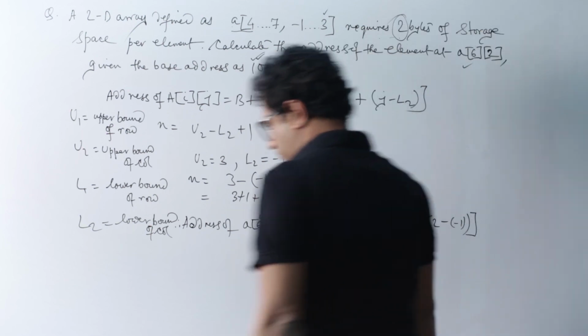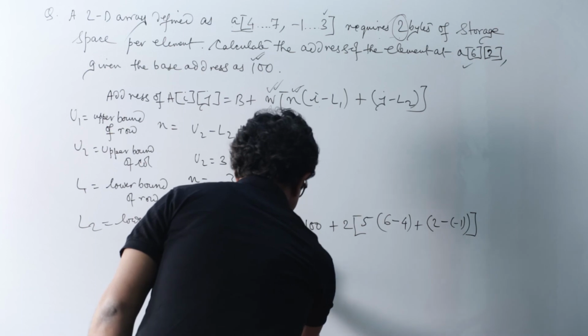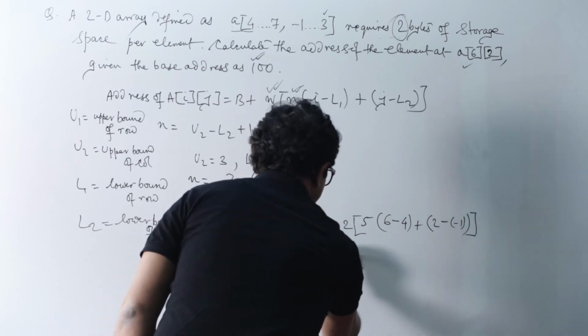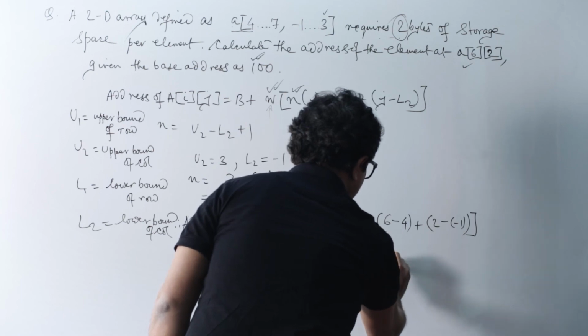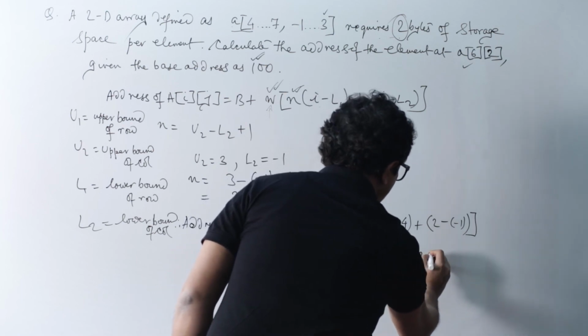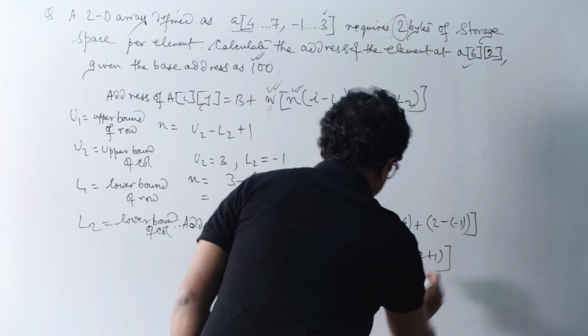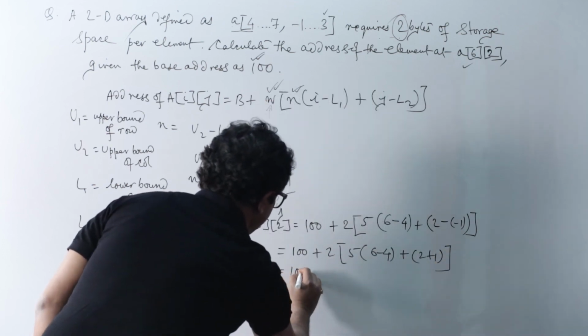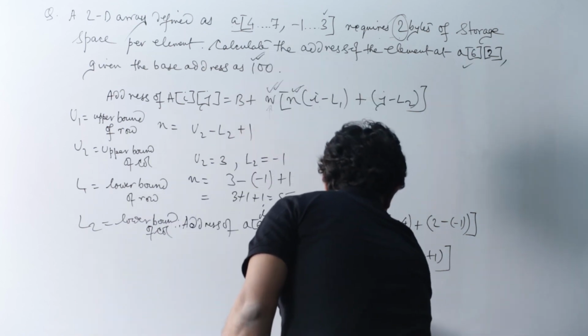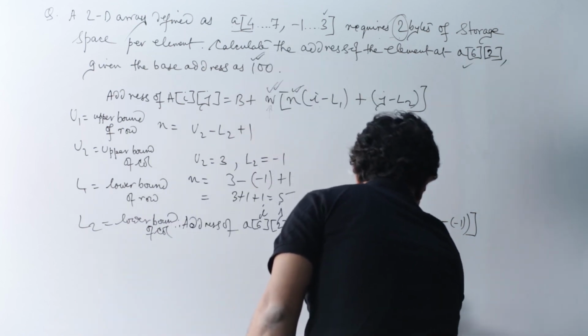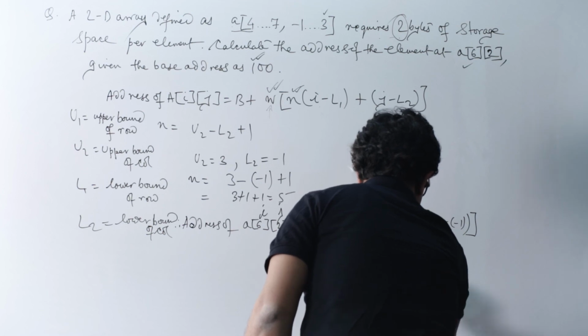So it gives a value like this: 100 plus 2 into 5 into (6 minus 4) plus 2 plus 1. So it will give 100 plus 2 into (5 into 2 plus 3).